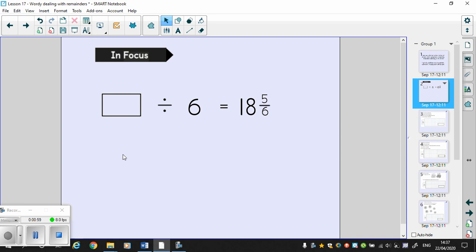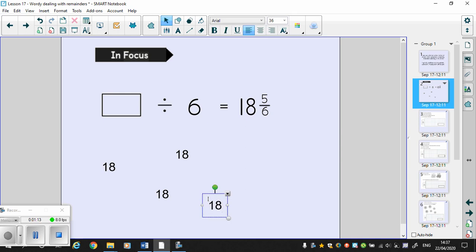Welcome back. So, if each of the 6 people have 18 sweets, let's put the 18s round about for the 6 different people. So that's 2 people, 3 people, 4 people, 5 people, and 6 people. So each of the 6 people have 18 sweets.